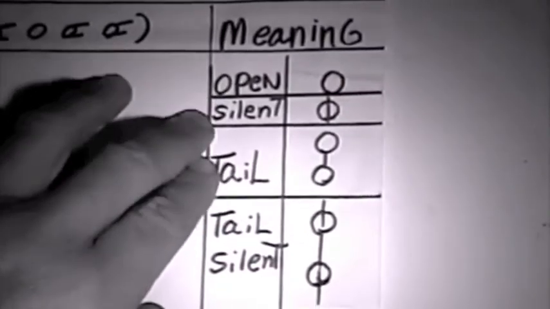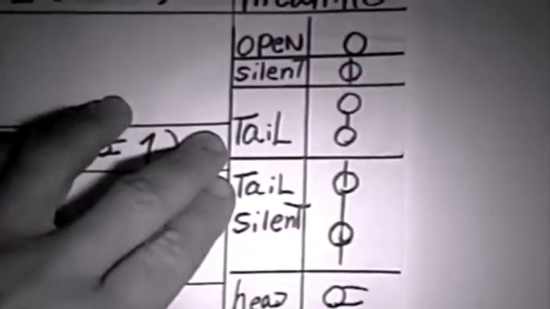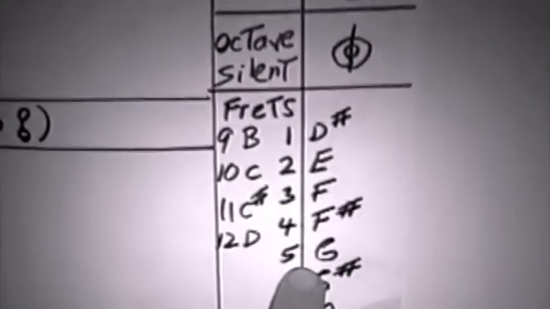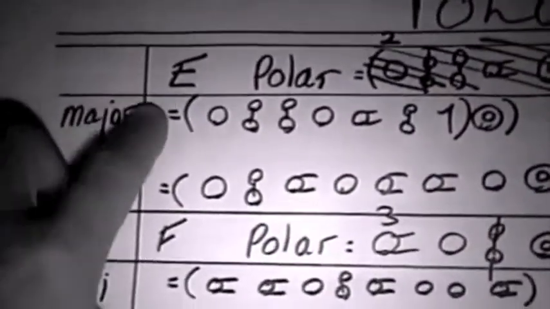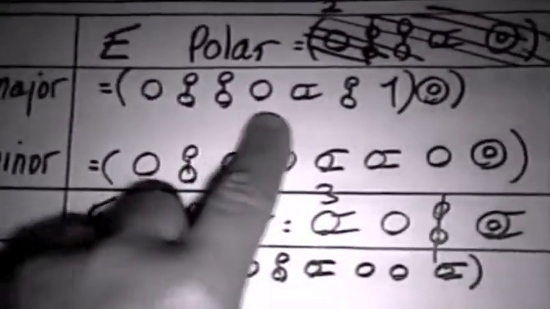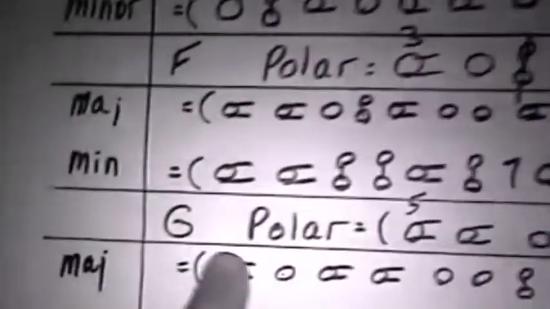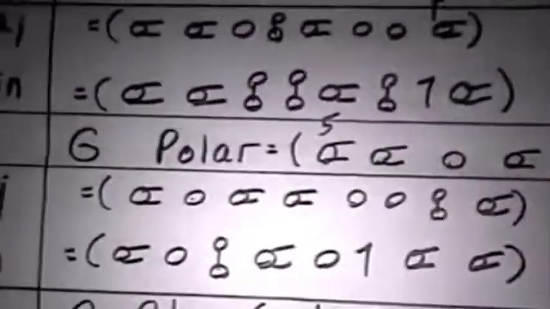Then here we have the meanings, which each part of the flag that's on the board has a symbol that goes down to describe how the flags appear. So when you have, let's say for example, E, this reflects the key of E, this reflects the key of F polar, the key of G polar, and so on.